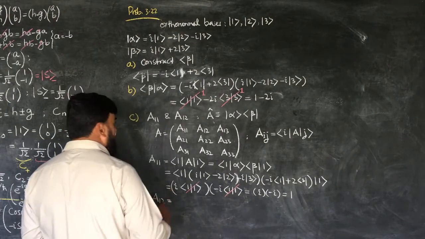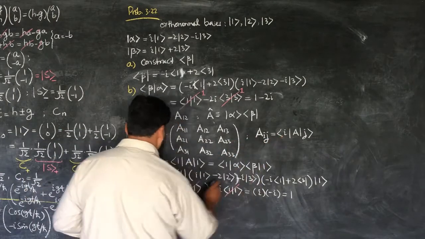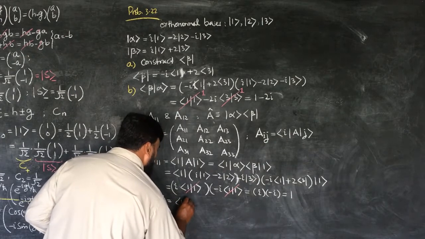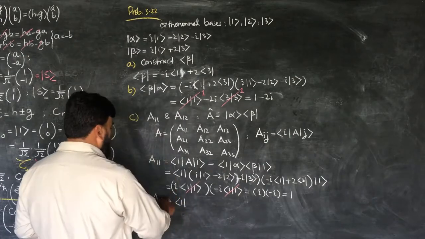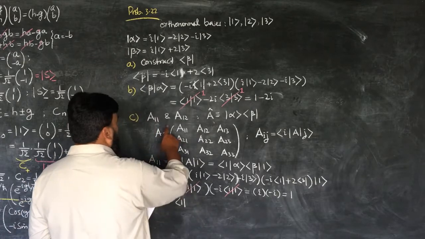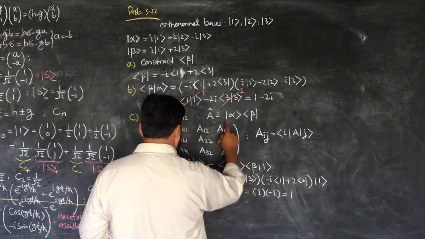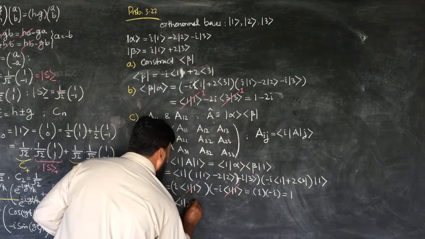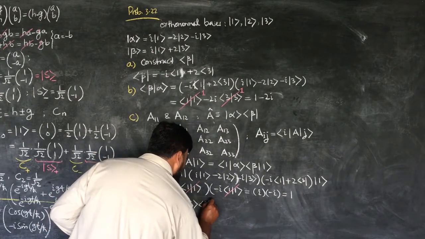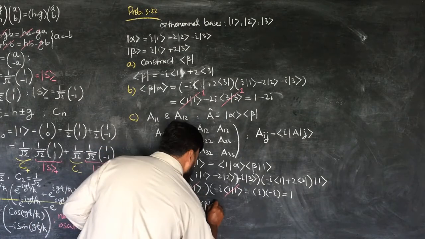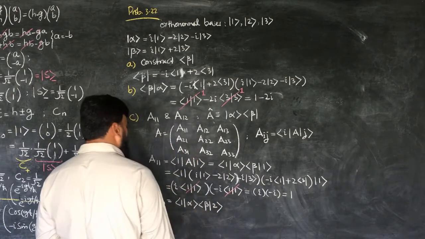While the A12 element is, from this relation, <1| here, and then the A operator here, which is |alpha><beta|, and |2> here.